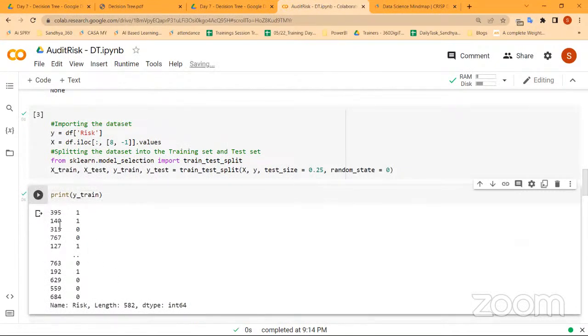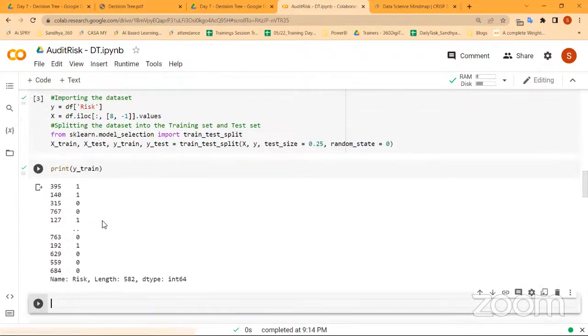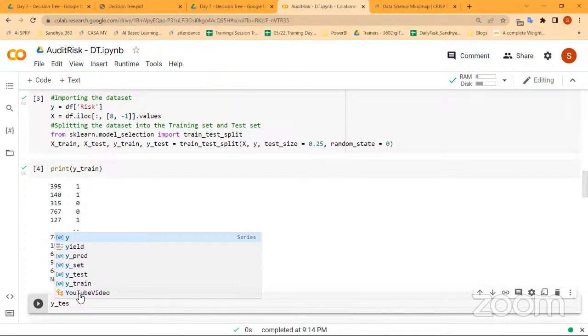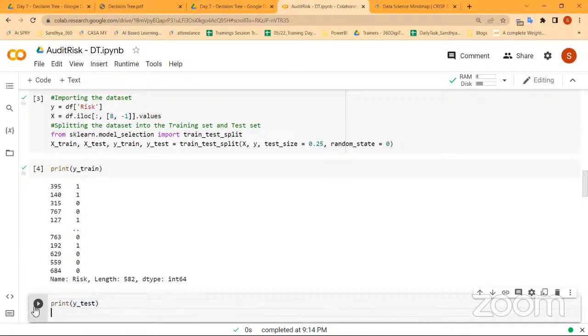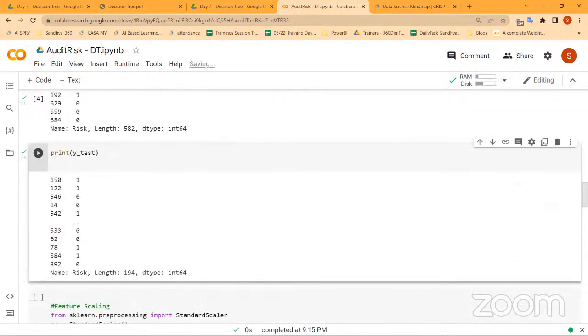Or if you want to see only the first few values, you can give y_train head. Let me give print, or directly y_test, so we can view the test data as well.